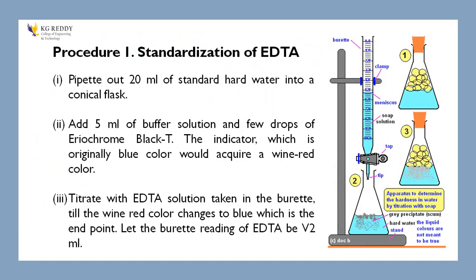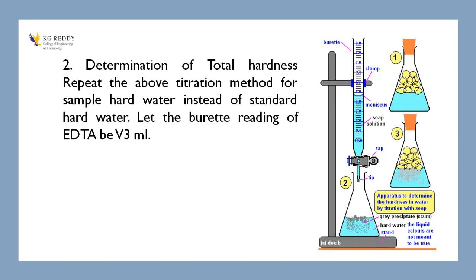Now the procedure. The first step is standardization of EDTA. Take 20 ml of standard hard water into a conical flask, add 5 ml of buffer solution and 2 to 3 drops of EBT indicator, which gives wine red color, then titrate against EDTA. This procedure is the same for the M1, M2, M3, and M4 calculations. This is the determination of total hardness of water.